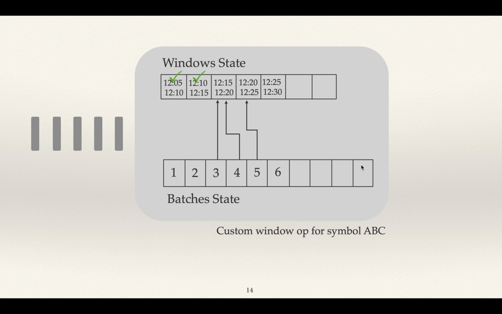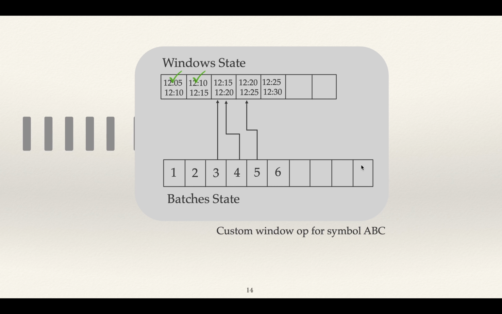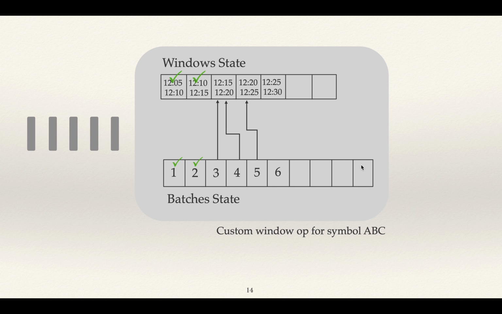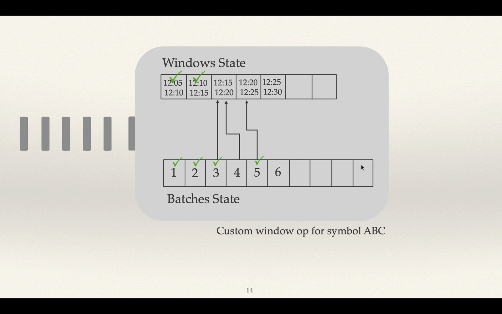Now, metadata is also used to mark the last event for a specific symbol in a batch. This allows the custom window operator instance for that symbol to identify that it has processed all events for the symbol in the batch. As events can arrive out of order, the window marks the completed batches in no specific order.